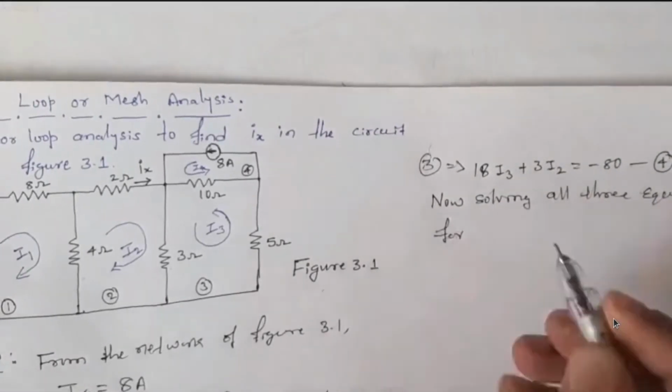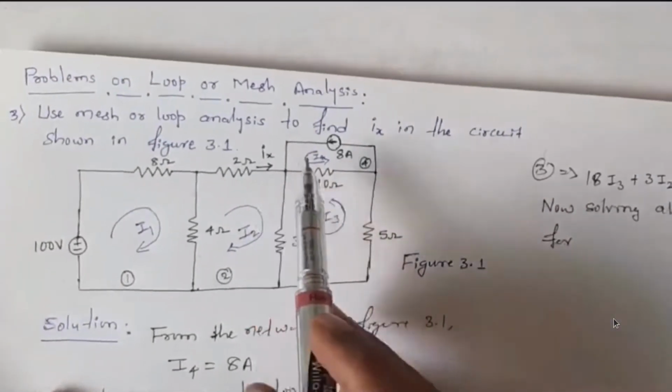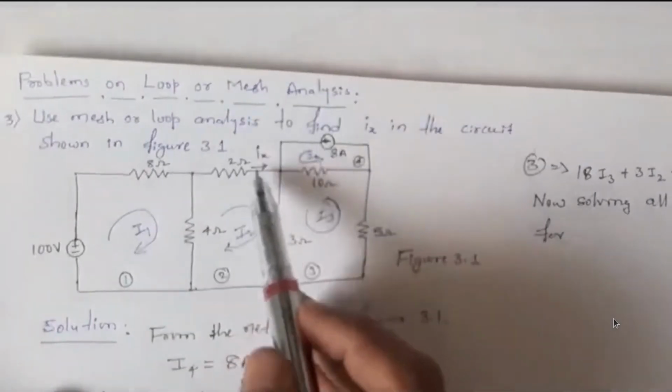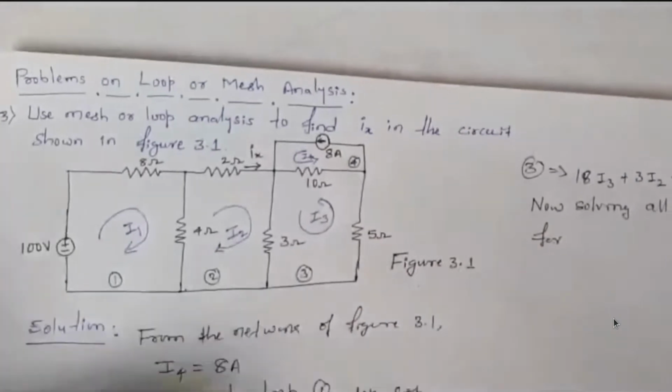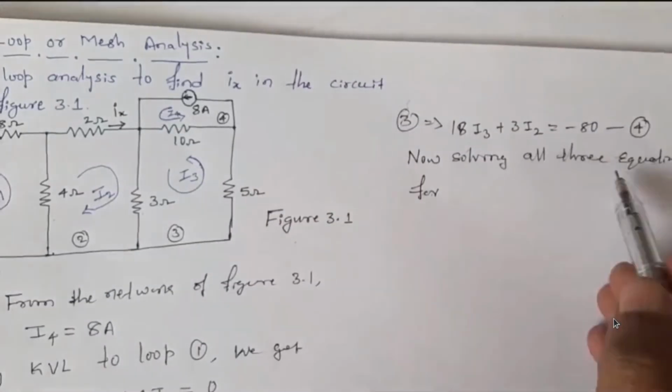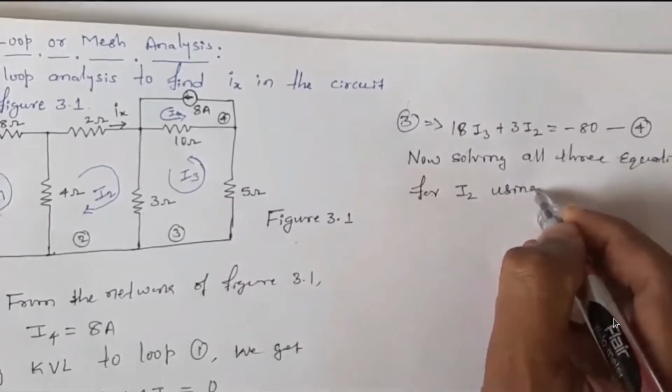See, dear students, we are supposed to find Ix. Because we should find Ix, I'll find only I2, because I2 and Ix are the same current. So I'll solve only for I2, solving all three equations for I2 using the determinant method.